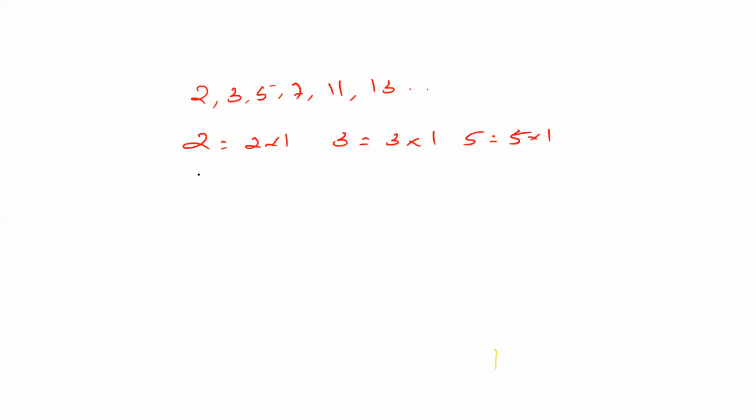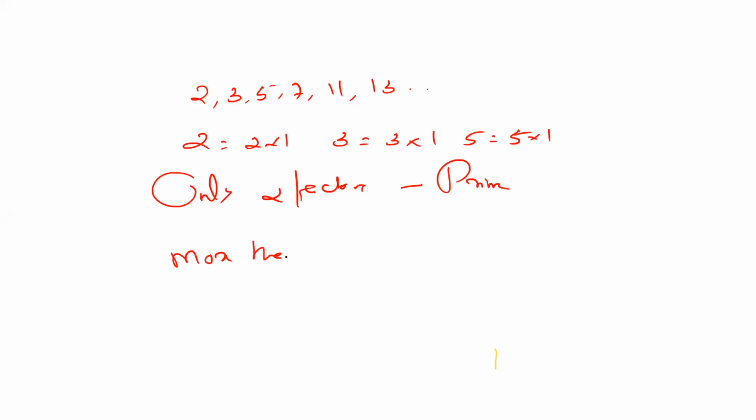The factors of 2 are only 2, factors of 3 also 2. Only 2 factors are there. If a number has only 2 factors, then it is called prime number. More than 2 factors, then it is called composite numbers.